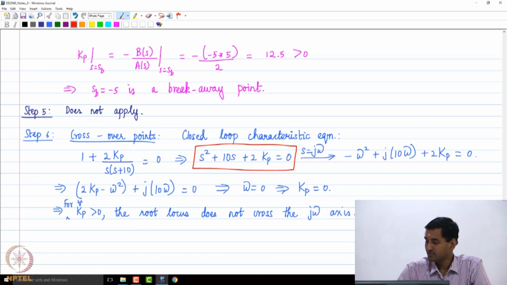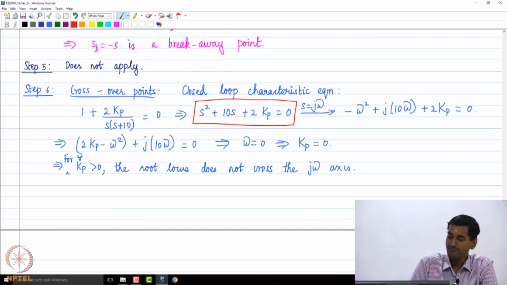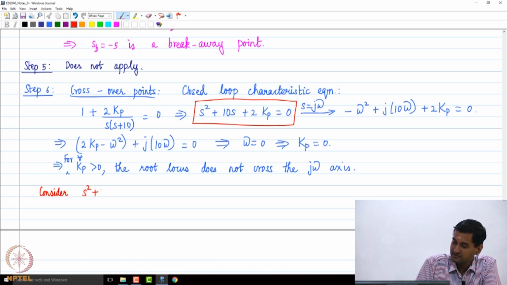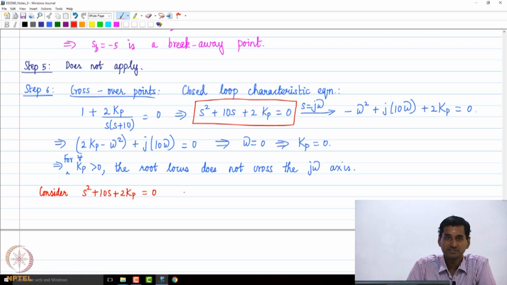So consider the closed loop characteristic equation, S square plus 10s plus 2 Kp equals 0.